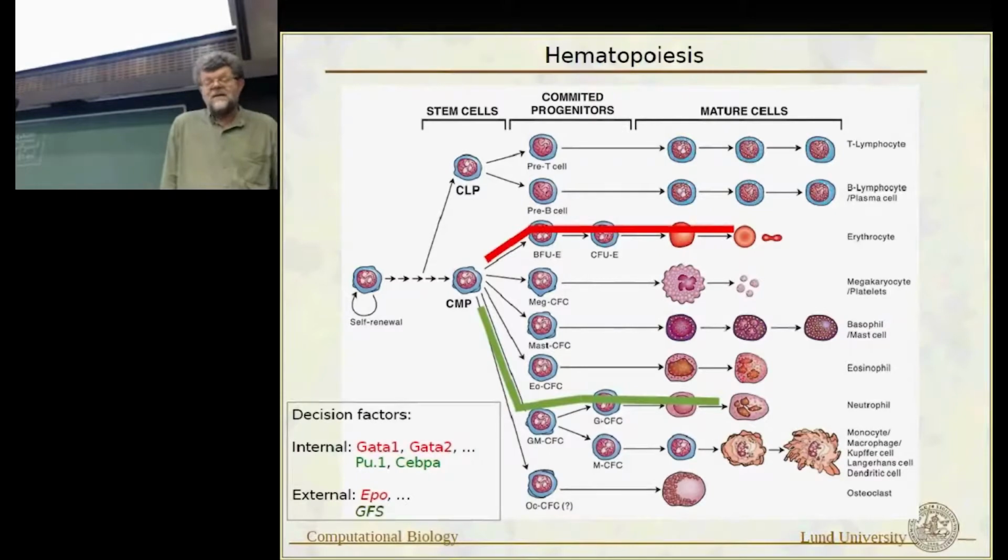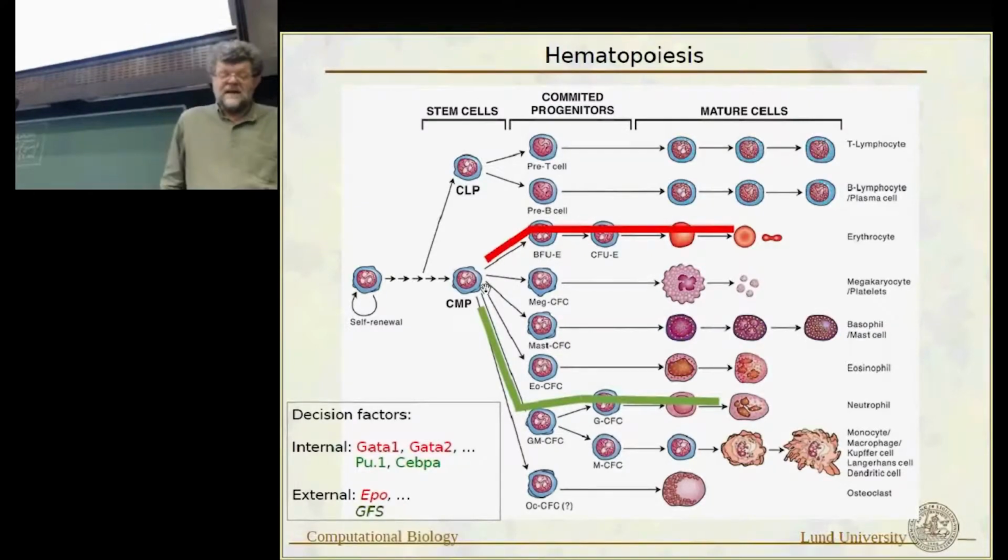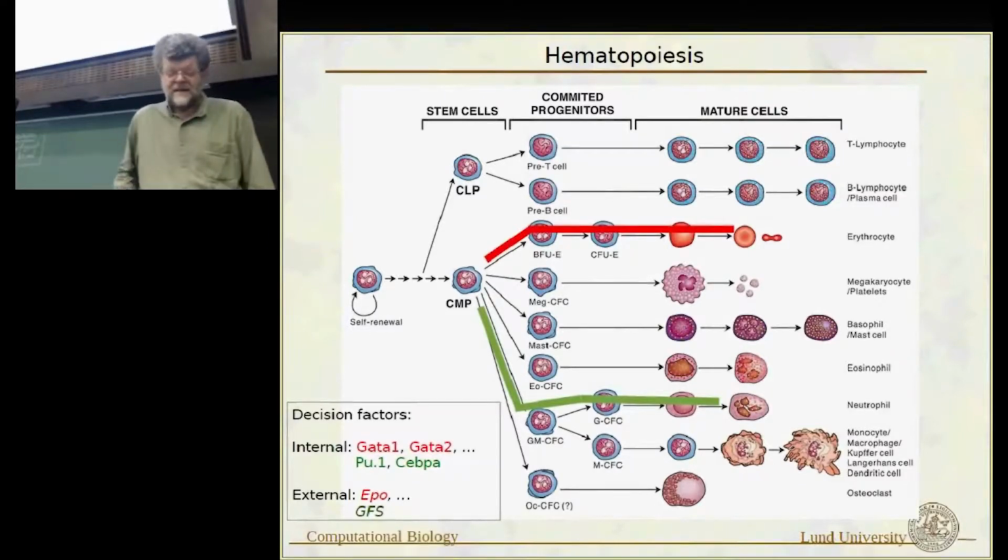So this is part of hematopoiesis. As I mentioned, I've been working on erythrocytes and neutrophils, and you have a decision here. And deciding factors are the GATA community, GATA1 and GATA2, for the red blood, and you have PU.1 and C/EBP alpha for the other trait.